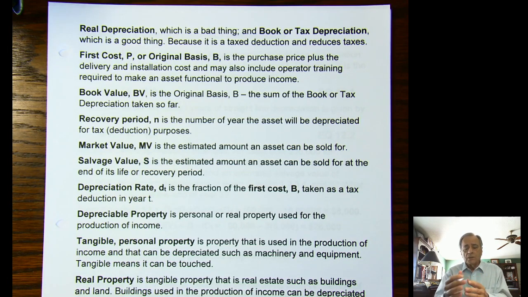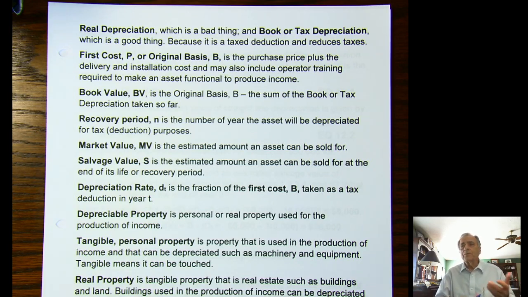And we'll talk a little bit about producing income, because property is generally not depreciable unless it is purchased and used for the production of income. As an example, say you have a refrigerator in your house at home.